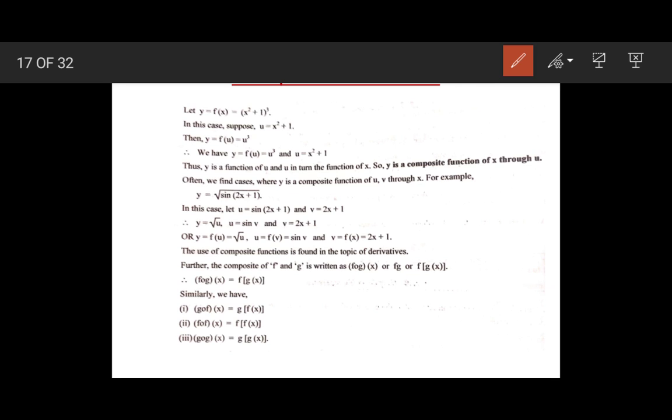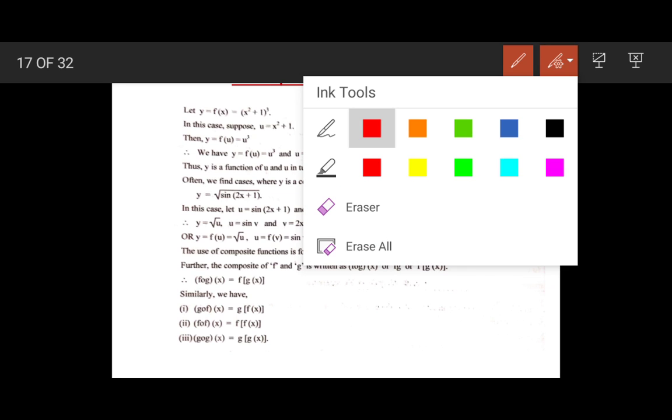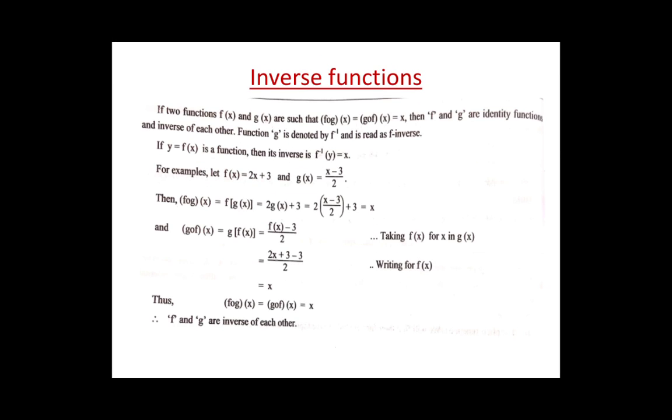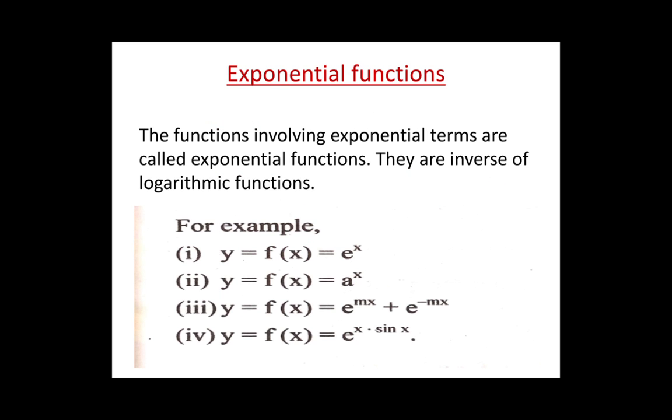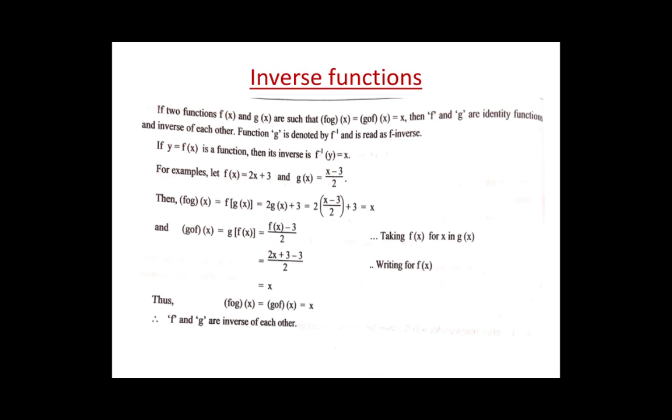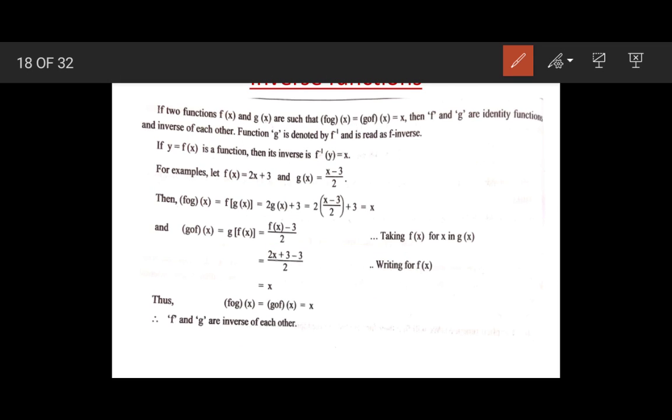Then next type is inverse function. So inverse function: if two functions f of x and g of x are such that f∘g is equal to g∘f is equal to x, then f and g are inverse functions.